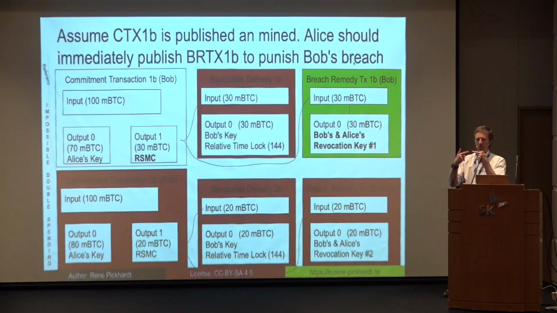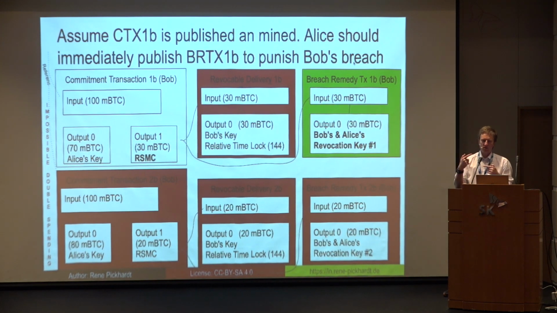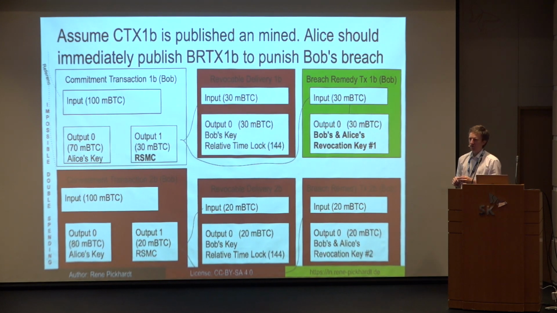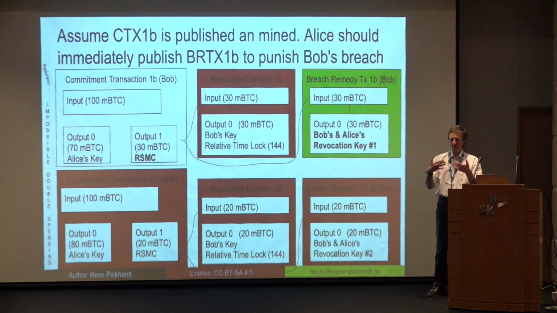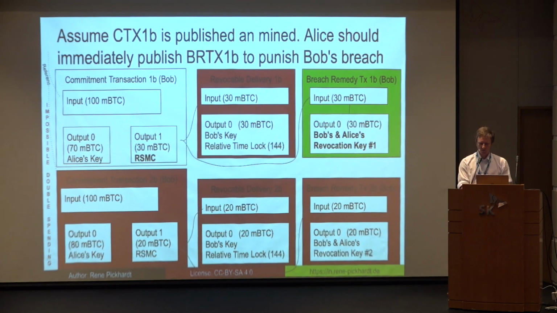So she needs to do it before the timeout, otherwise she will lose the funds, right? So already here you can see that you have to have a mechanism which observes the current state of the channel to be able to react to a potential breach of the protocol.